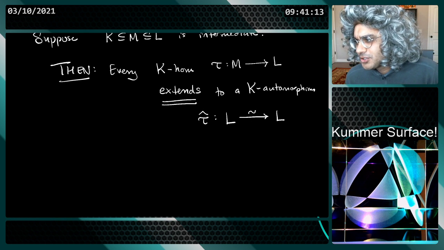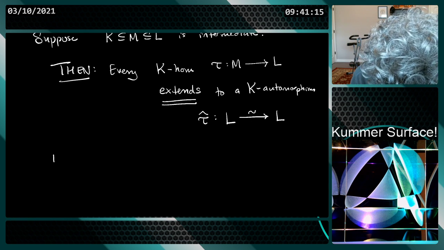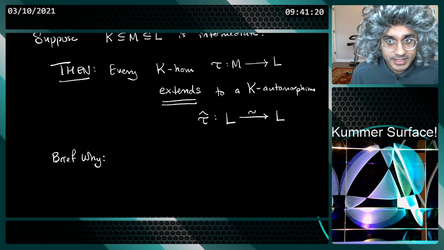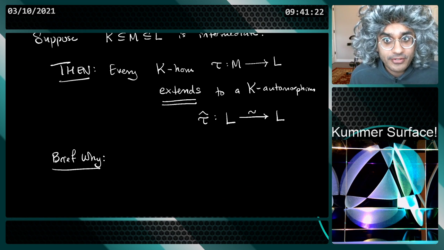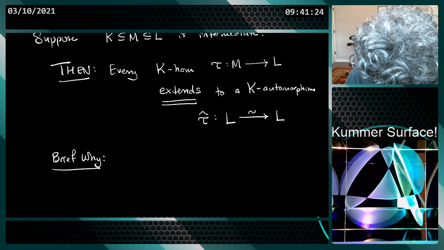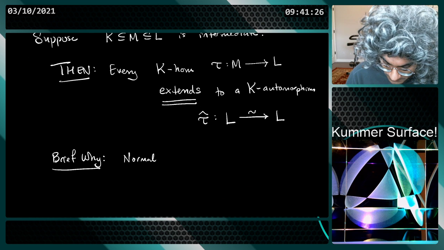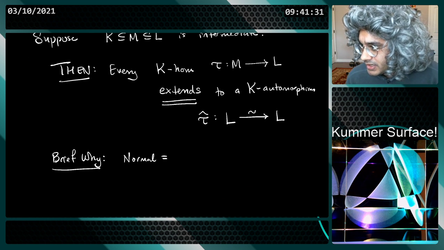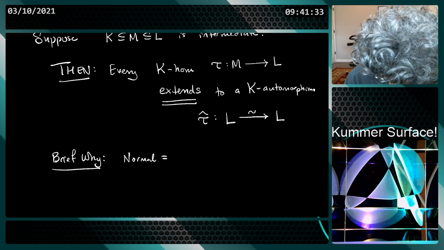All right, why is this true? I'll just say briefly why. Because it's a fact we've already seen. It's a fact from chapter 9. A normal extension, normal and finite, is just a splitting field.